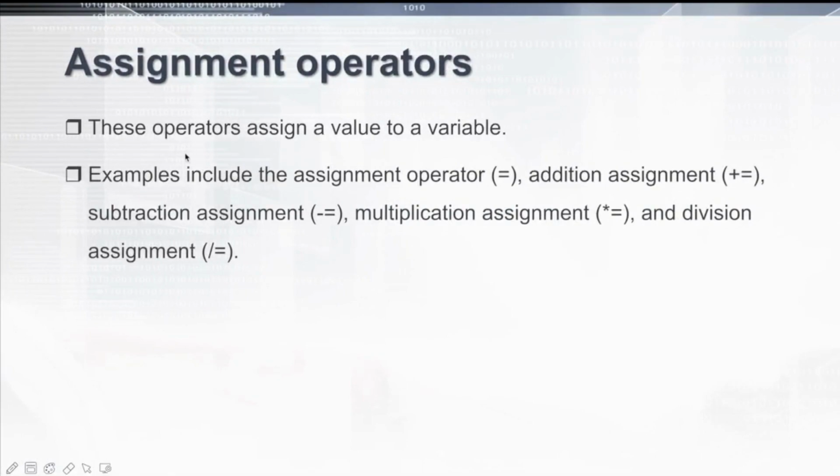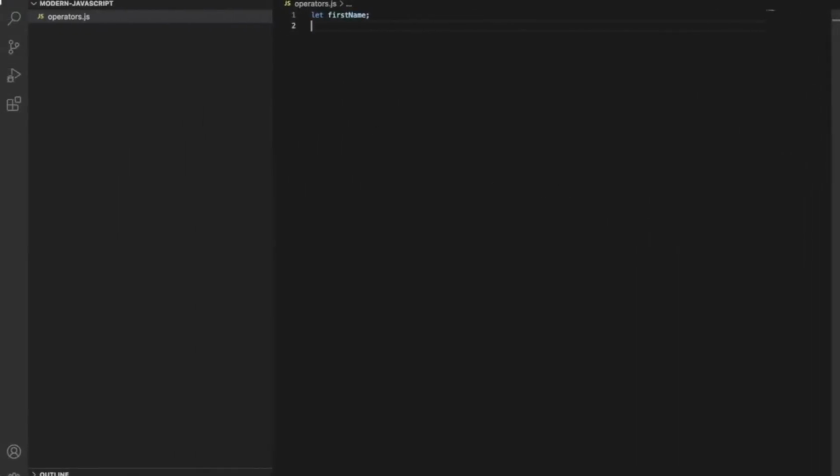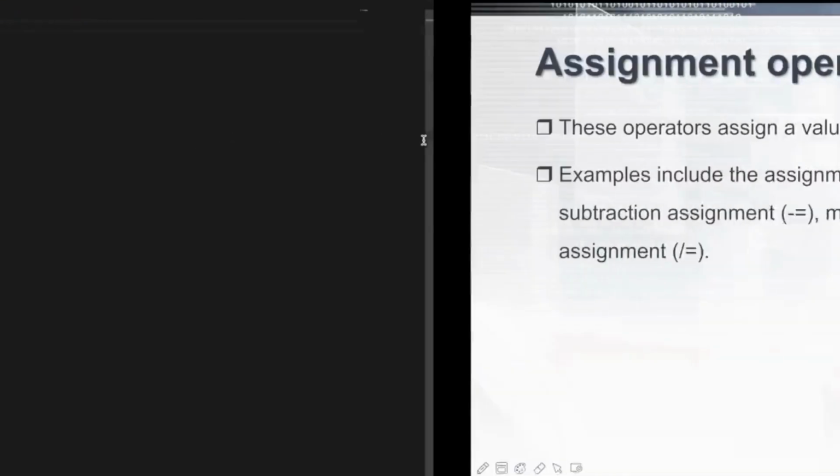Okay, so when you talk of assignment operators, we have examples. We have this operator, the assignment operator, which is commonly used, and we have been using it in our videos as well. We just demonstrated it now.